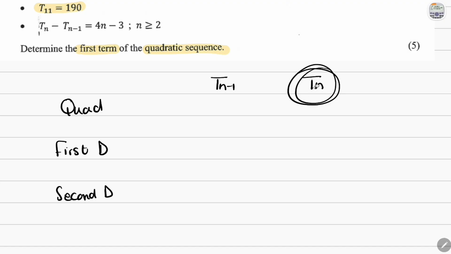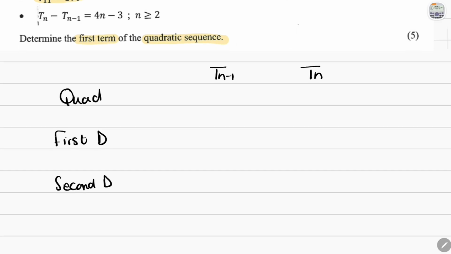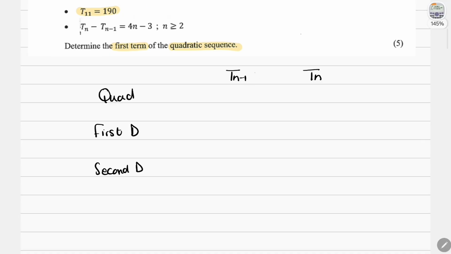It's a term less than what this one was. So it's a term before this, meaning this is the second last term. So what they're saying in the quadratic pattern is we have this situation, okay, where we have the last term minus the second last term, and then it gives us 4n minus 3, where n is greater than or equal to 2. What does that mean?